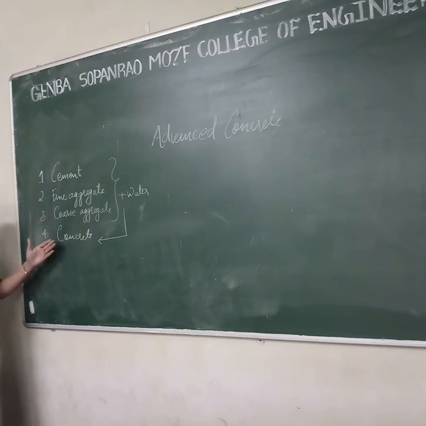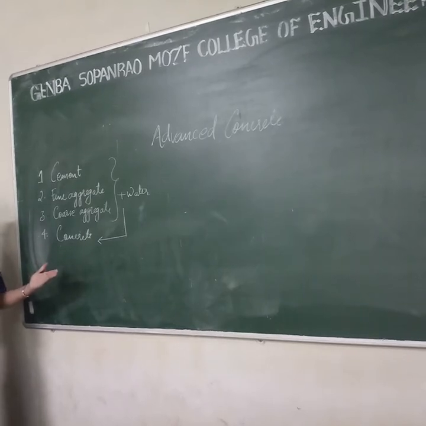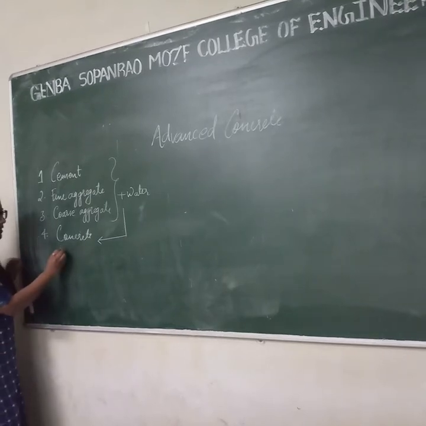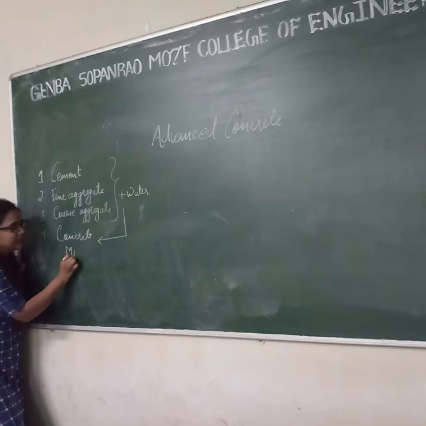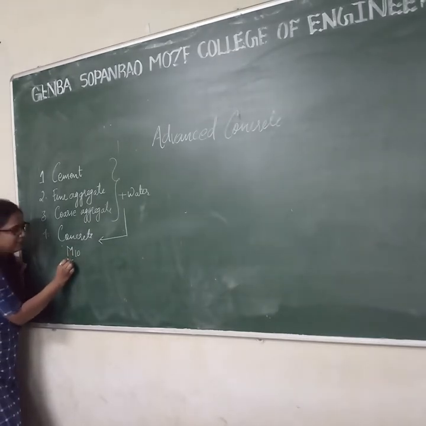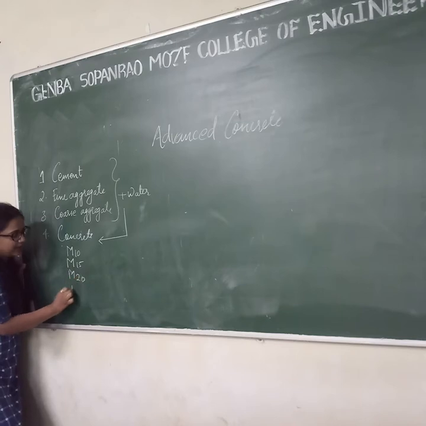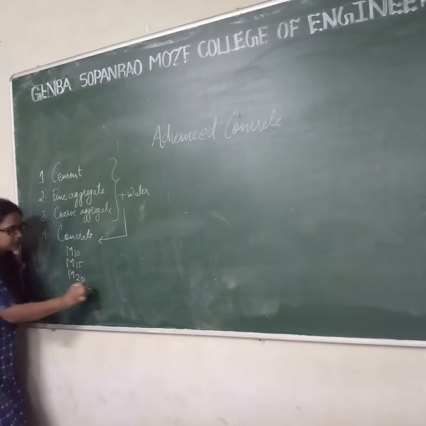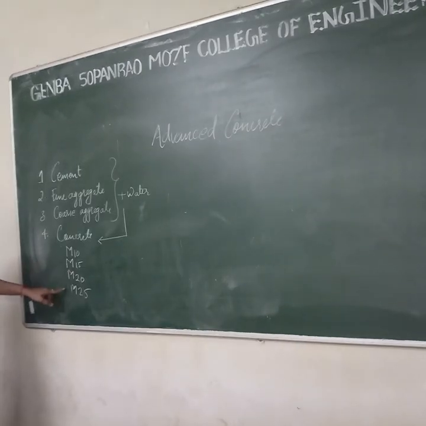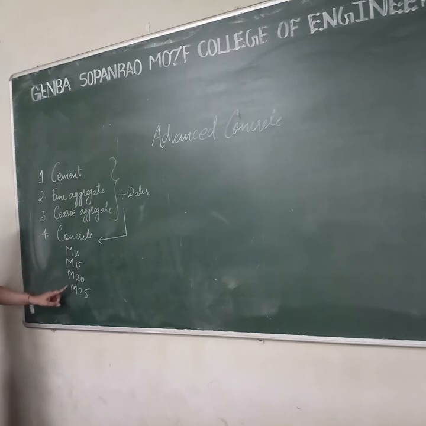Now various grades of concrete are available in the market. Suppose I am saying M10 concrete, M15 concrete, M20 concrete, M25 concrete. So what does it mean? M10, M15, M20, M25 are the grades of concrete.